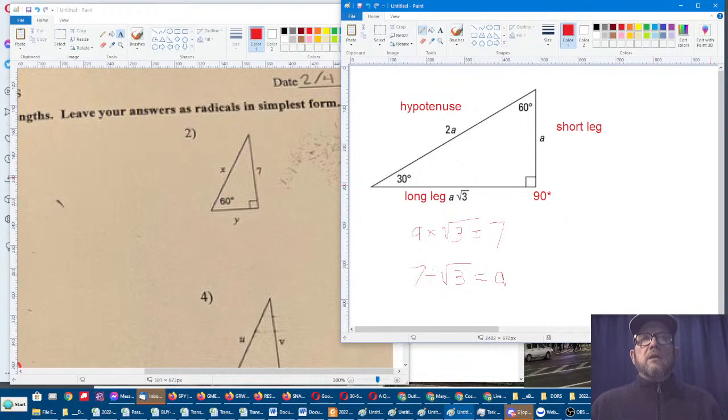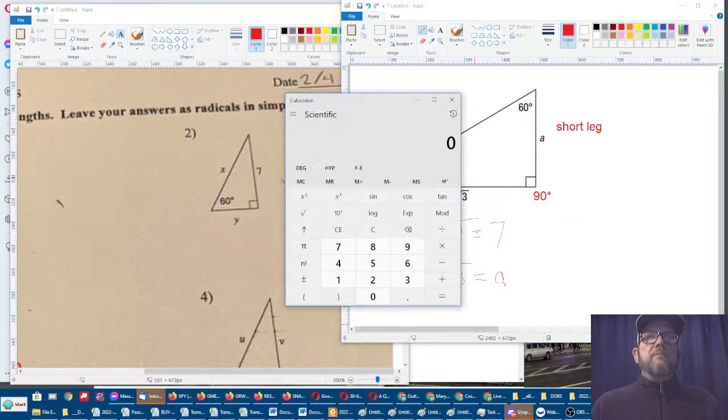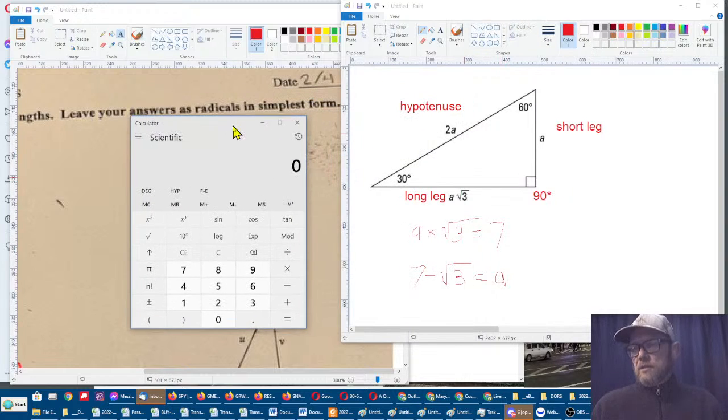Alright, so let's pull up the calculator. Let's save my square root into my memory. What I did is 3, square root, then I click on memory if I want to save it. Okay, so let's follow this formula.